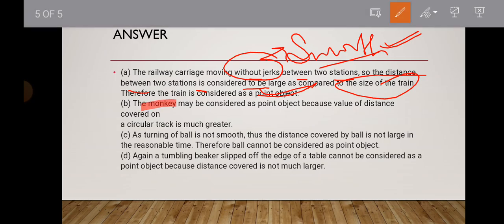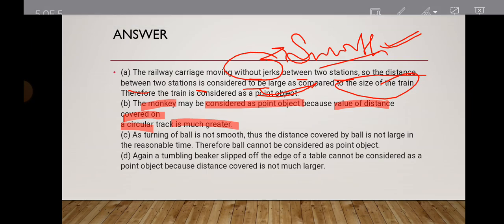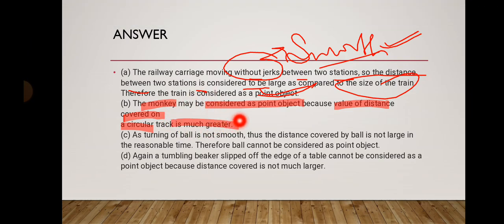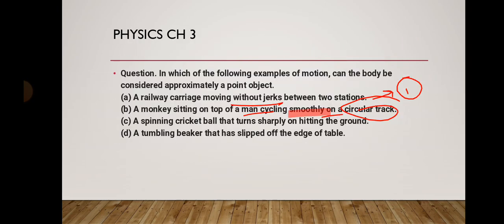The monkey can be considered a point object because the distance covered on the circular track is much greater than the size of the monkey, because it is only body one.